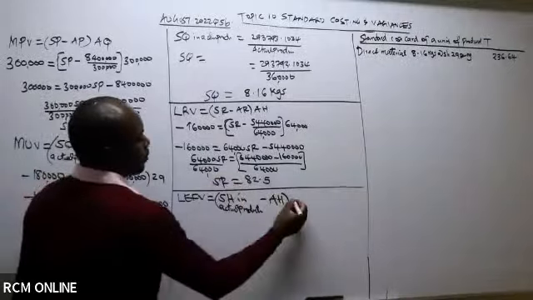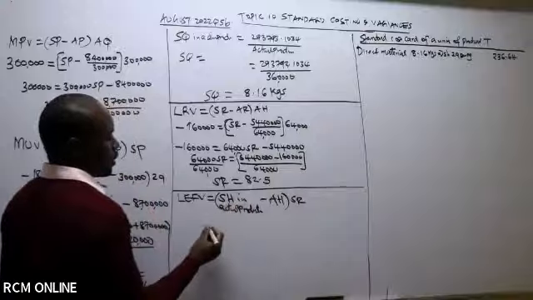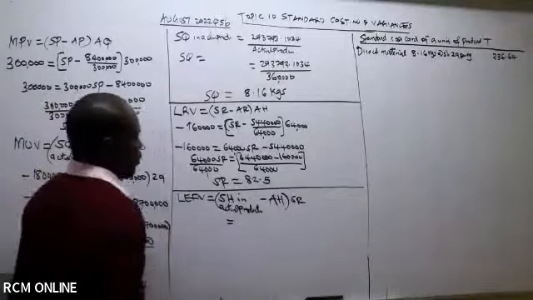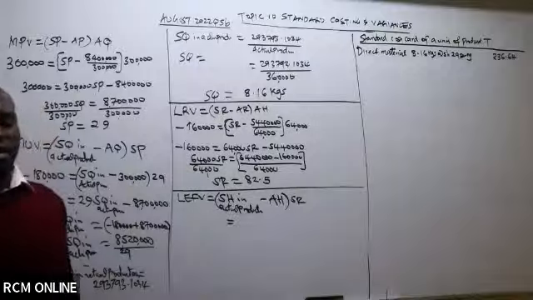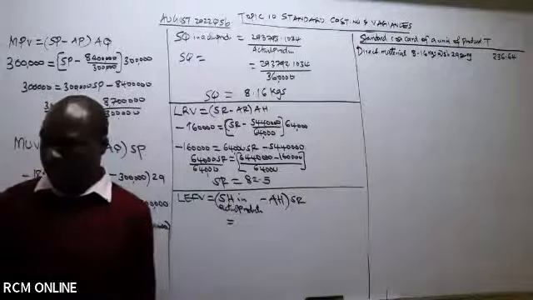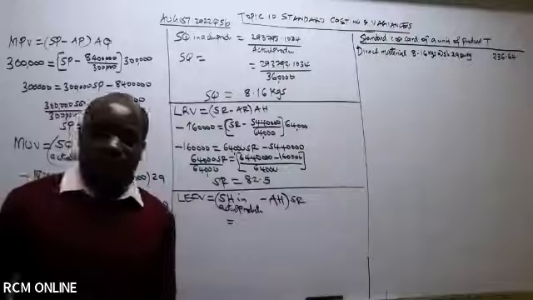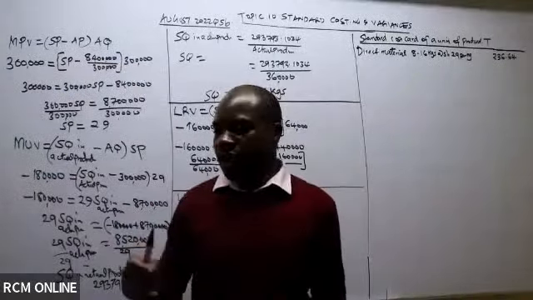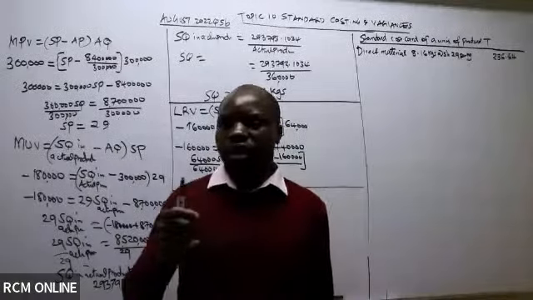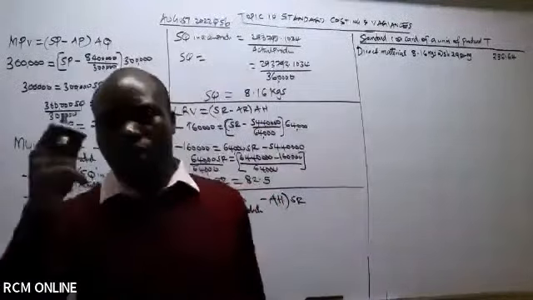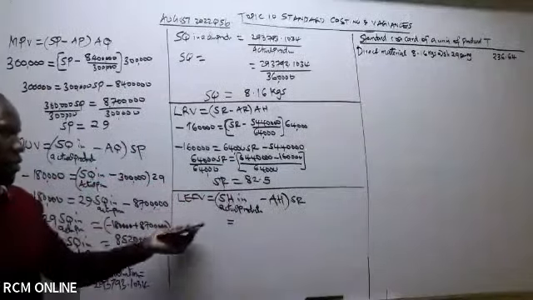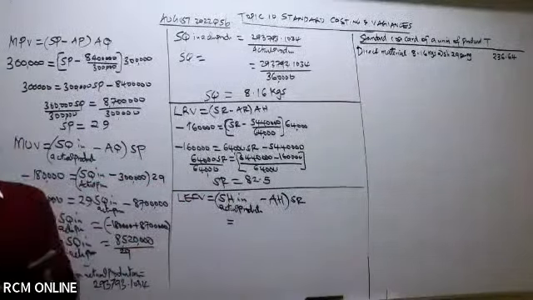How effective are you at utilizing your labor? Look at the question first and tell us whether you have been given labor efficiency variance. If yes, please post it down there. And the sign matters. Is it adverse or favorable? That matters a lot when you're doing the reverse calculation.